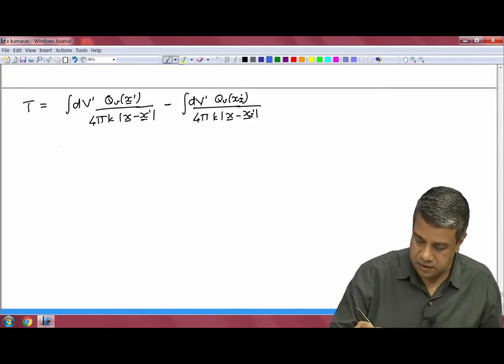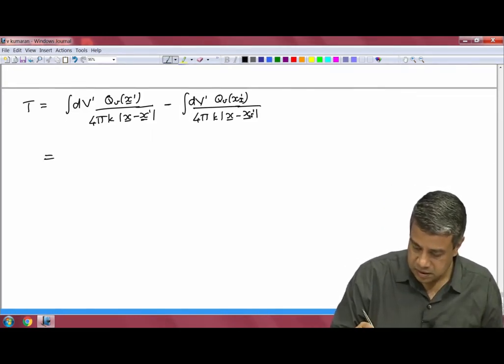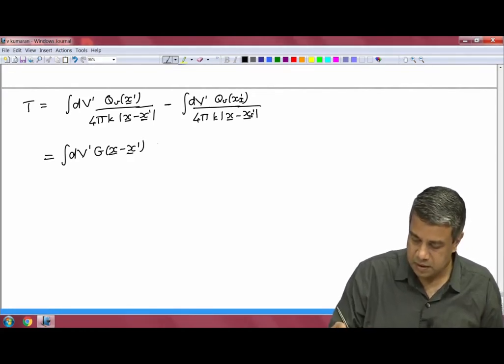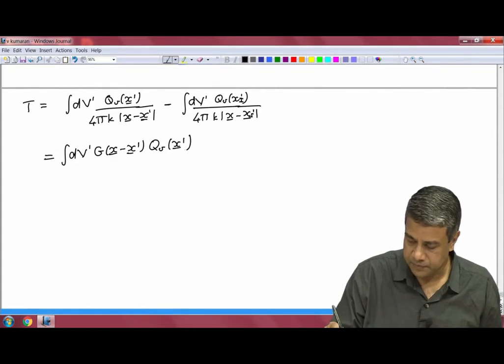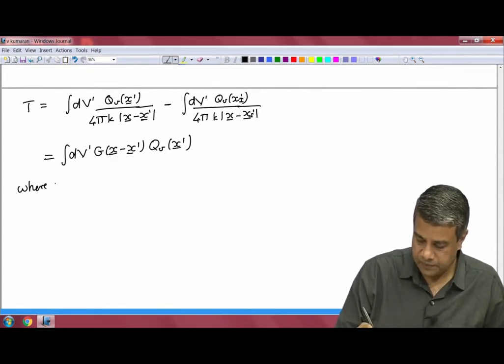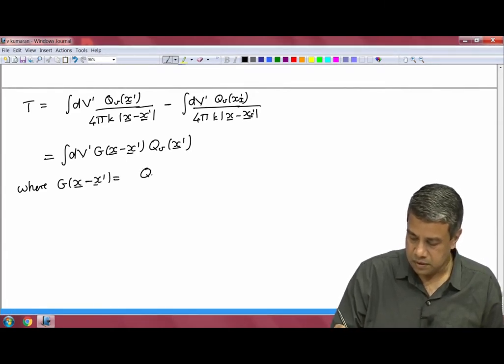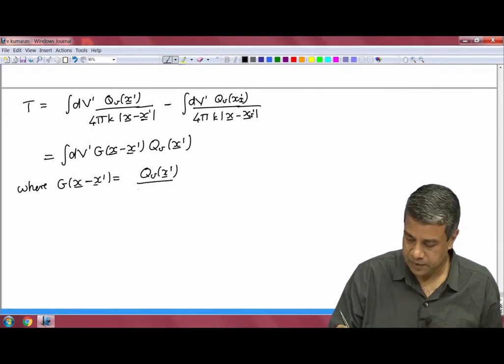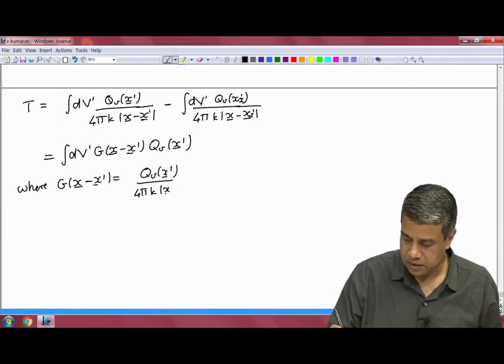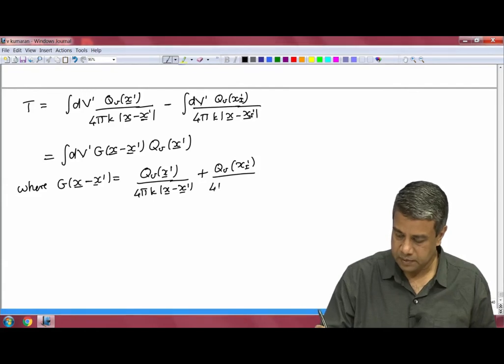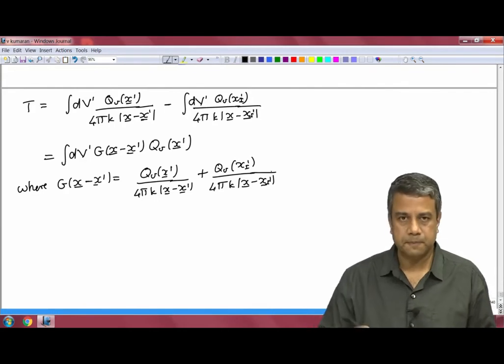And you can also write this as integral dV prime of G of x minus x prime times q_V of x prime, where this Green's function is equal to 1 by 4 pi k times the magnitude of x minus x prime, plus the contribution from the image, divided by 4 pi k times the distance to the image.